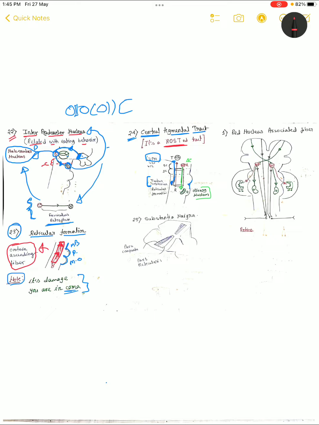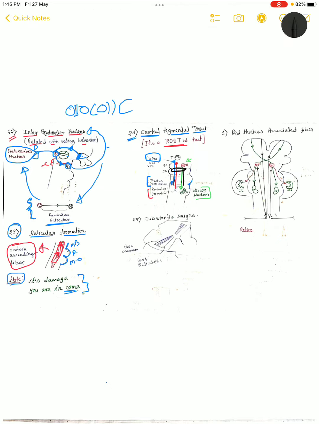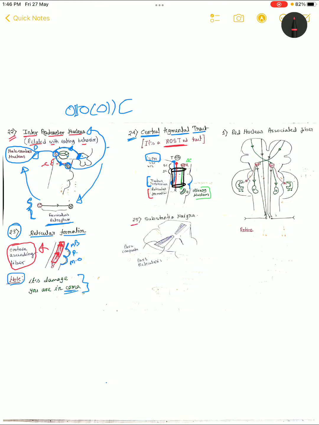Claro? Done. And sometimes you can see some ascending fibers going from the reticular formation to the thalamus. You guys know this one. It is an easy one. So this whole structure together is known as our rostral tract or central tegmental tract.